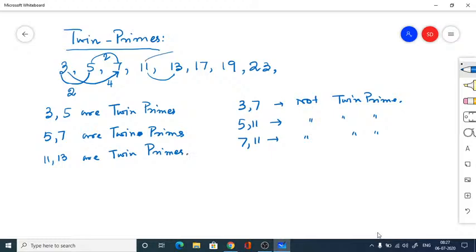Then 11 and 17 are not twin primes. 13 and 17 are also not twin primes because the difference is either 4 or 6. Again, if you take 17 and 19, both are prime and their difference is 2, so they are twin primes. In this way you decide whether they are twin primes or not.